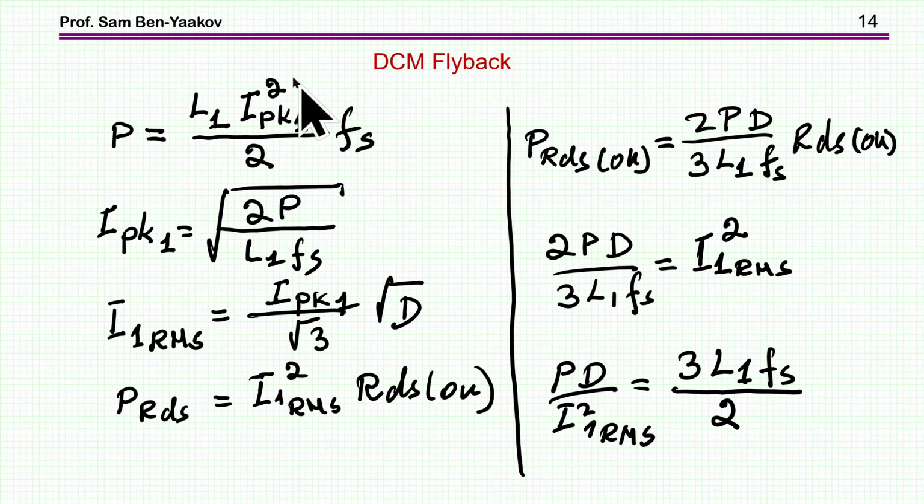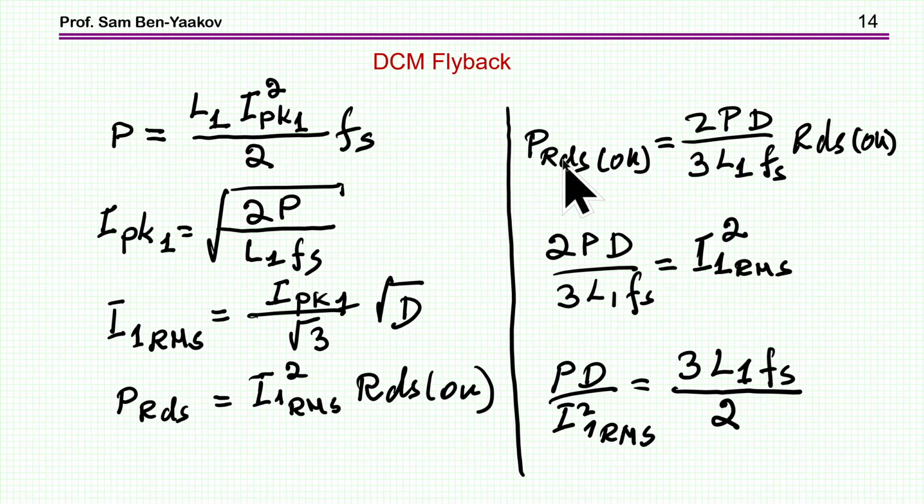So from this expression, I can get the peak current of the primary, from which I can get the RMS current of the primary. And therefore, the loss of the switch is this RMS squared times RDS on, and plugging in the numbers, I find that the power loss of the switch is this expression, and this expression is in fact the RMS of the primary squared times RDS on.